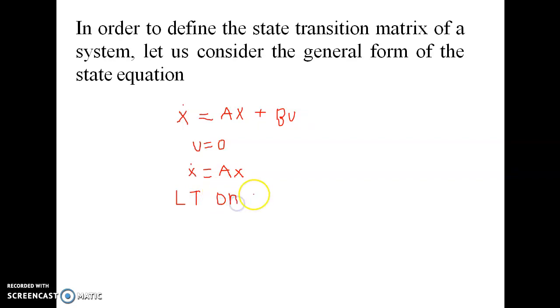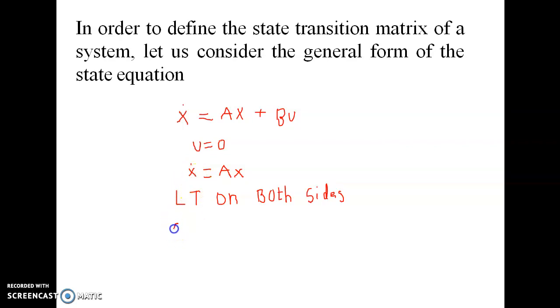If we take the Laplace transform on both sides of the above equation, we are considering the initial conditions. While taking the Laplace transform, you need to consider the initial conditions. As I already told, x dot is nothing but differentiating x with respect to t, that is dx by dt.